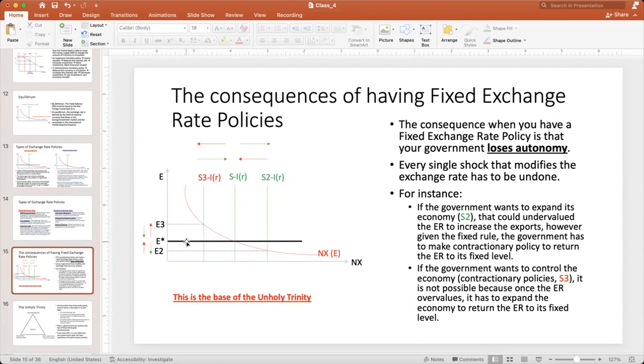However, given that we are in a fixed exchange rate, we immediately have to apply an expansionary policy to reduce the exchange rate again. So this is the first and most important consequence of having a fixed exchange rate.